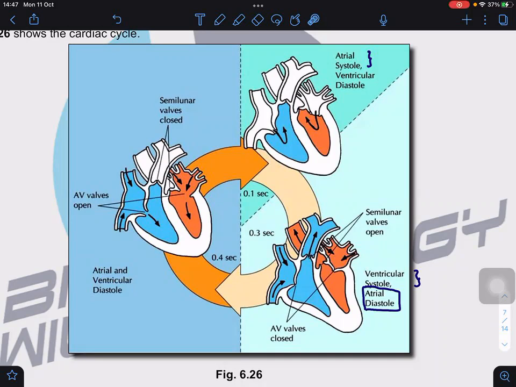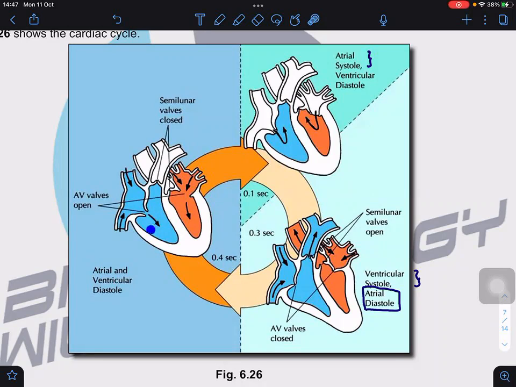But do bear in mind that our atrium relaxes actually during the ventricular systole time. But at this time, this 0.4 second, both of them relax. So because both of them relax, what will happen? Look at the ventricle.